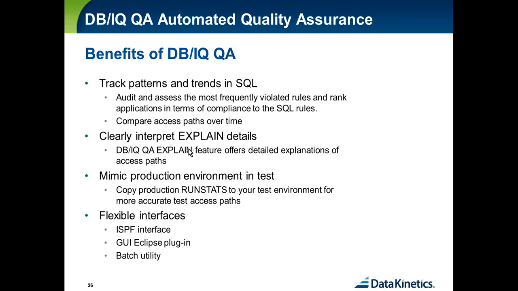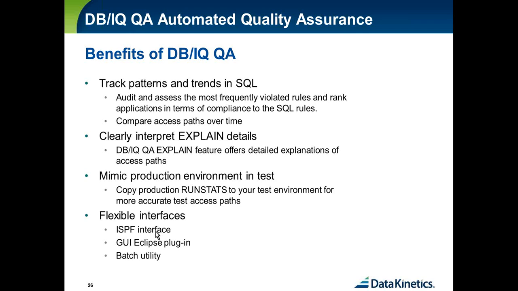There's the explain feature, which gives a more detailed explanation of access paths. There's the capability to mimic the production environment and test, with production stats being moved into the test environment. So a lot of tools that work together to ensure the QA process for you.